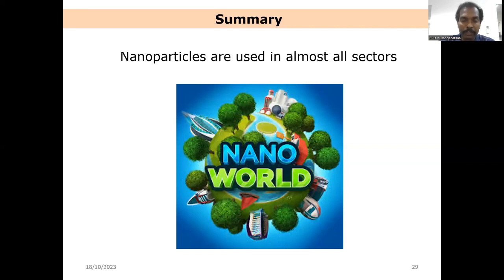Different kinds of nanoparticles are widely applied in different sectors like medicine, energy, textile, cosmetics. So we can say nanoparticles are used in almost all sectors. So we can say it's a nano world. We are living in the nano world.